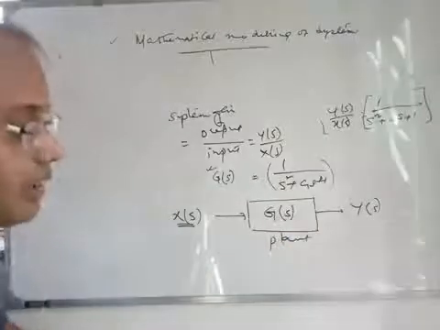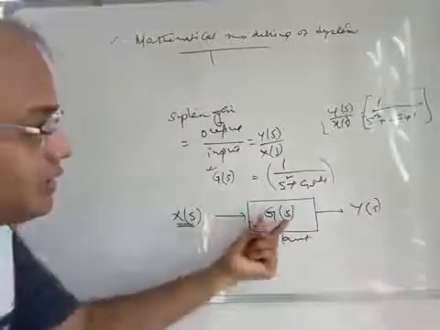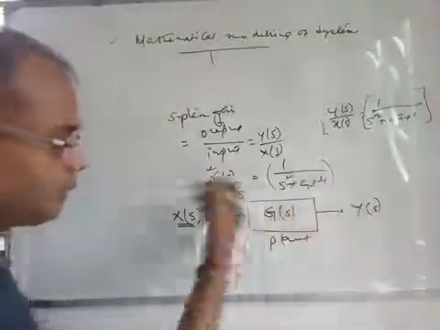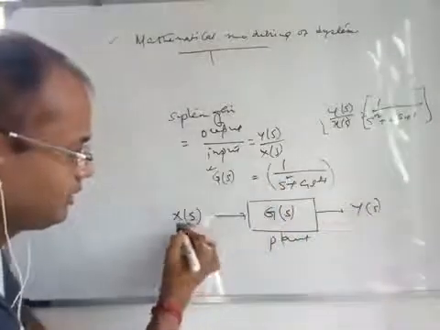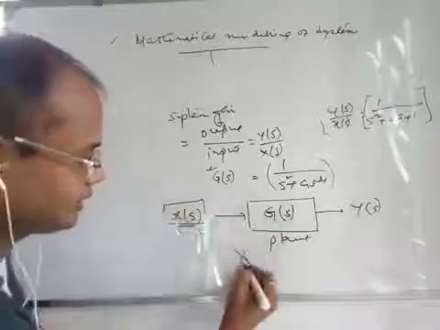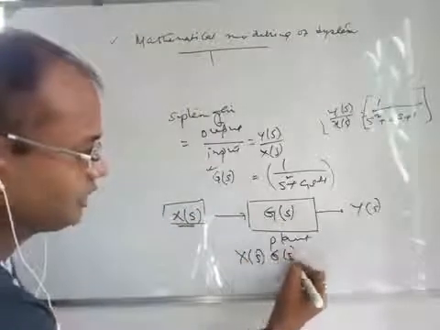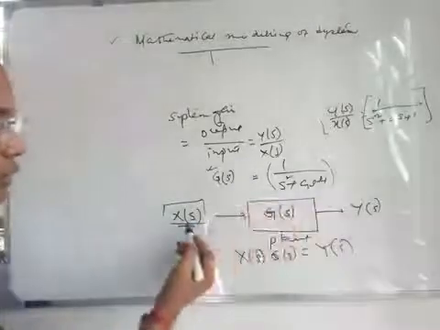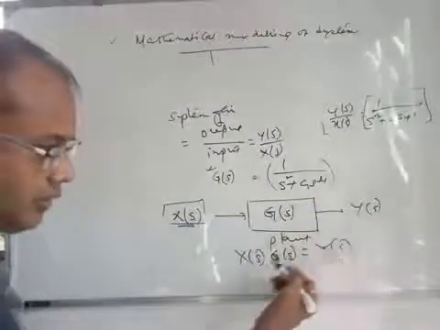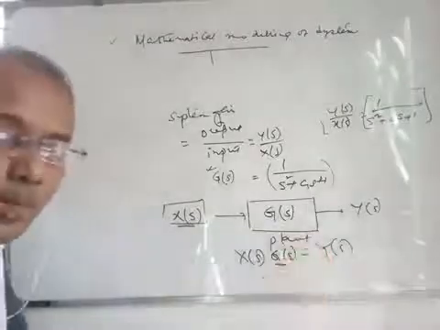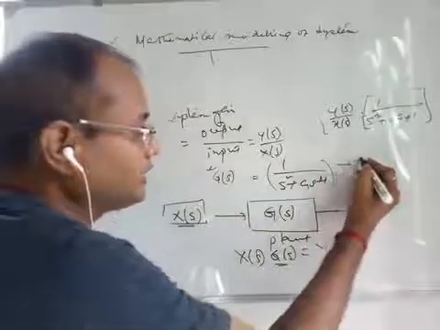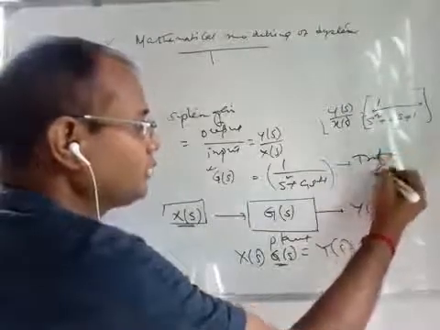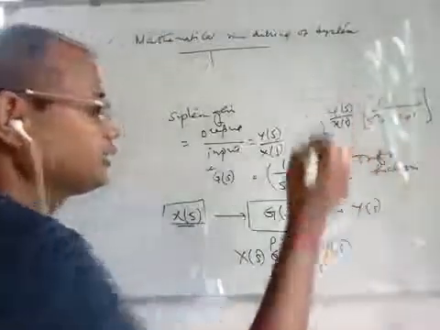Already we have discussed the terminology. Now this is your X(s), this is G(s) and Y(s). From this relationship, what do you see? This X(s) is multiplied by G(s) to give you Y(s), right? So Y(s) by X(s) is equal to G(s). And this G(s) is known as the transfer function.